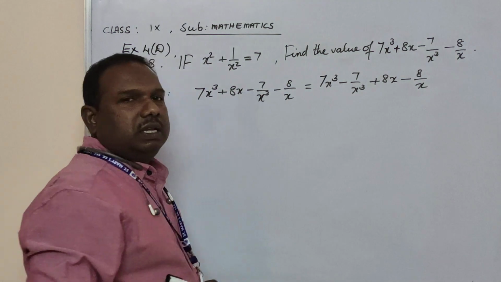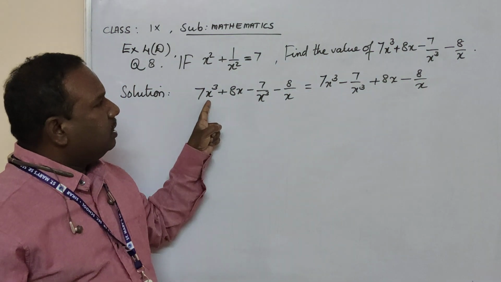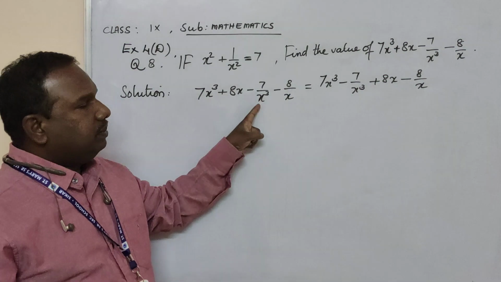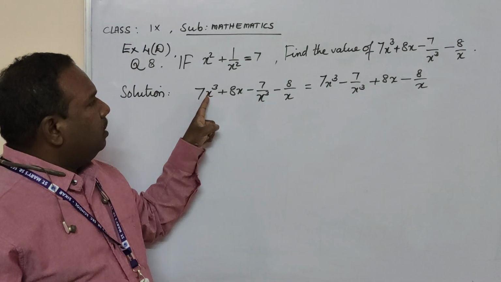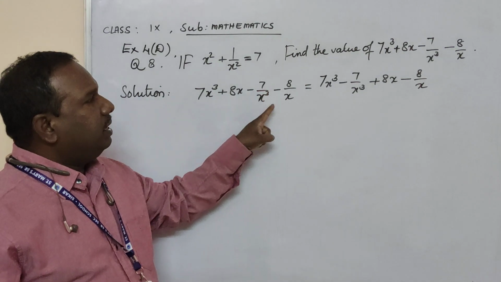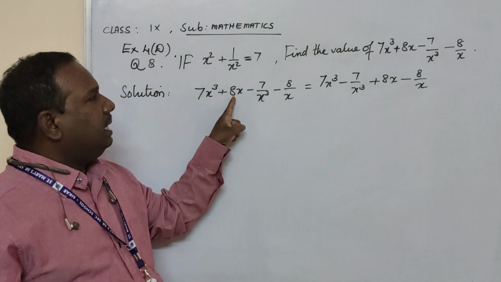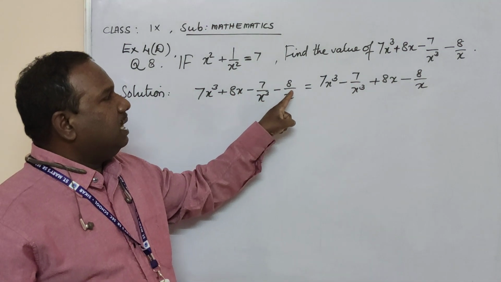Very carefully look at the board. These two terms are written together, 7x cube and minus 7 by x cube.